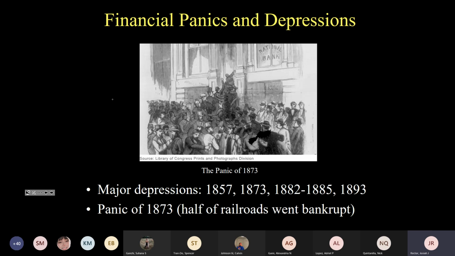And this is what happened in 1873. So you have a rush by investors to sell off their railroad stocks, fearing that their railroad will go bankrupt like the Northern Pacific did, and not wanting to be the one holding the bag. And people taking their money out of banks, which were themselves invested in the railroads. And so you get a chain reaction effect, including the disinvestment of many European investors in American railroad securities.